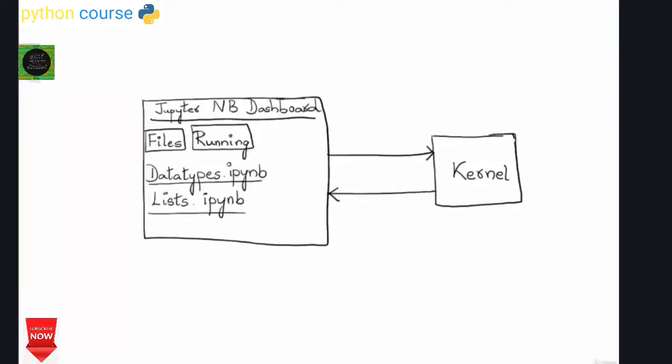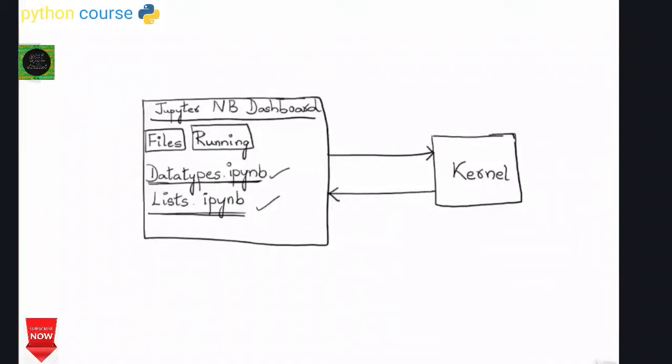The dashboard is like a control panel showing local files. Say we have files like datatypes.ipynb and list.ipynb. The notebook dashboard allows us to open the notebook documents here or shut down their kernels. So what is a kernel?